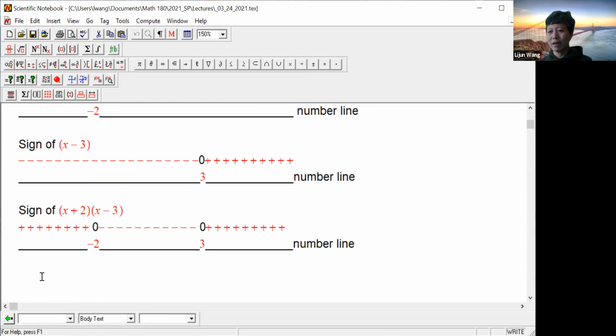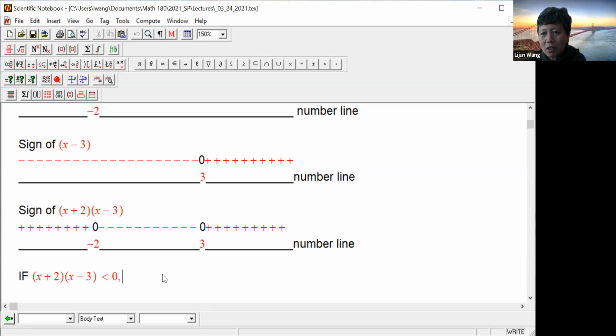The question we have at hand is, if the product is negative, what could x be?